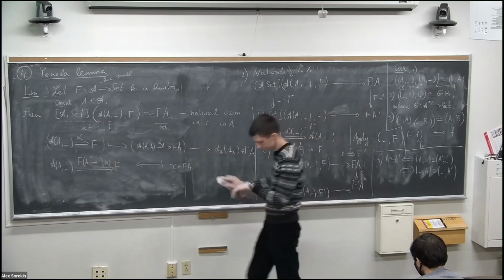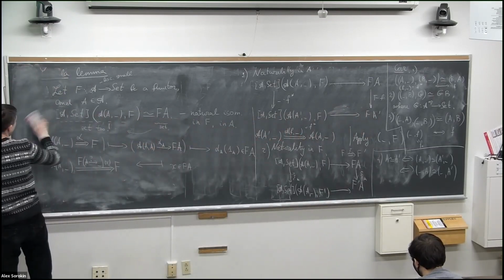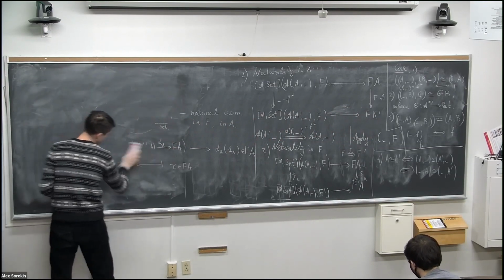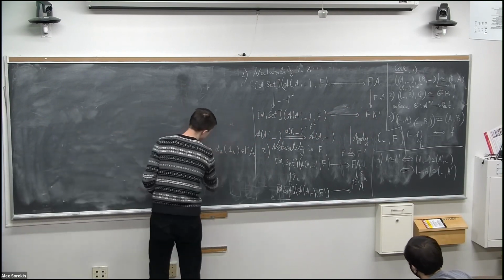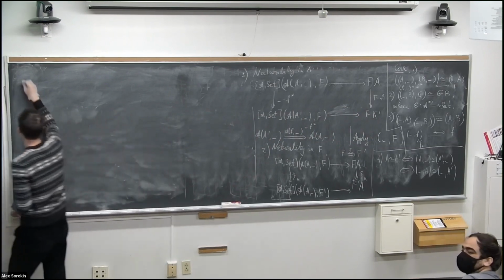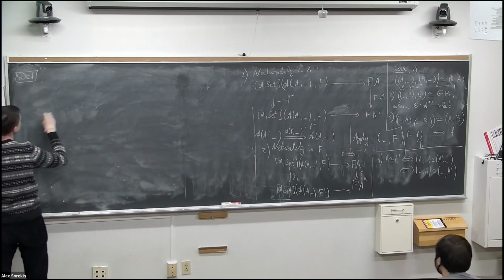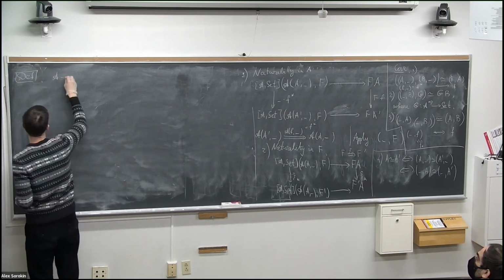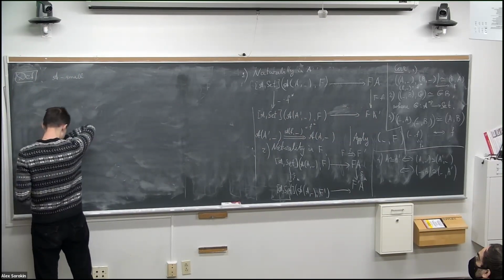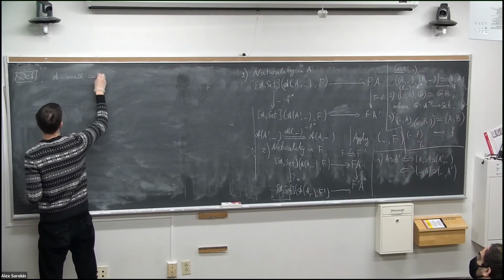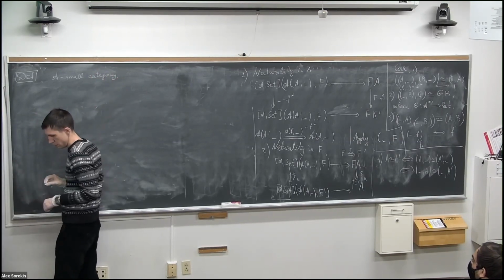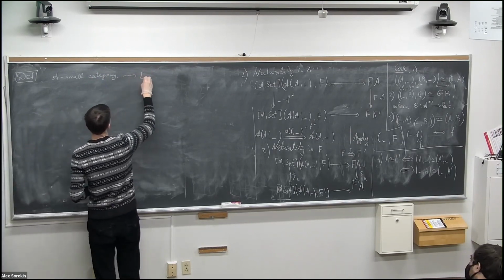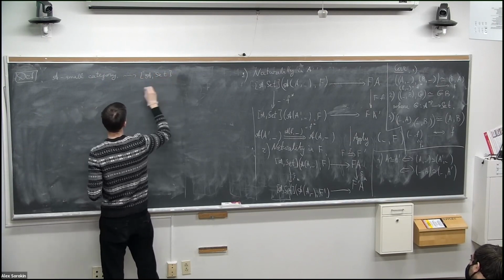Definition. If A is a small category, then we have a category, the category of functors from A open to Set.